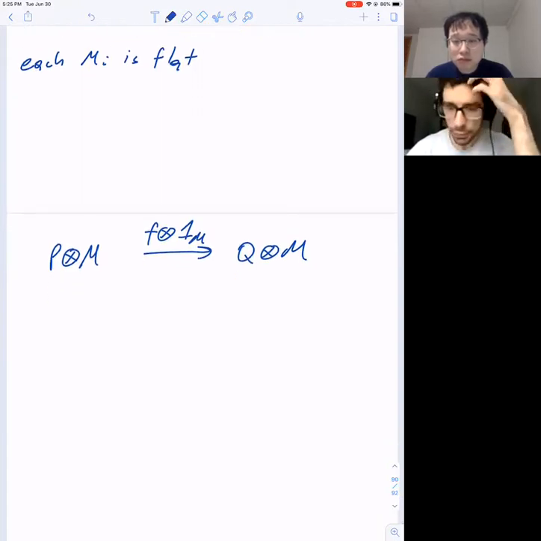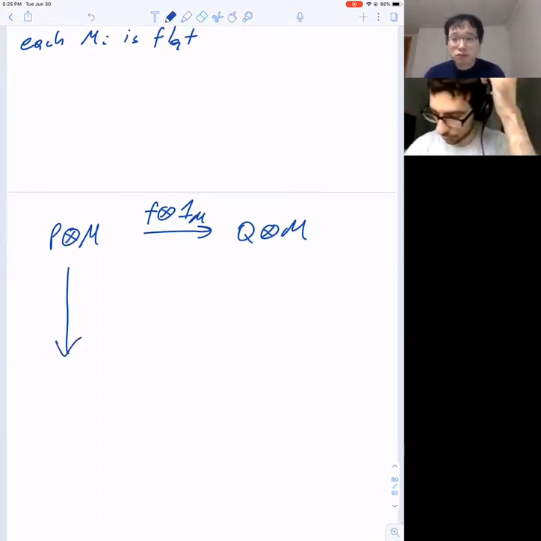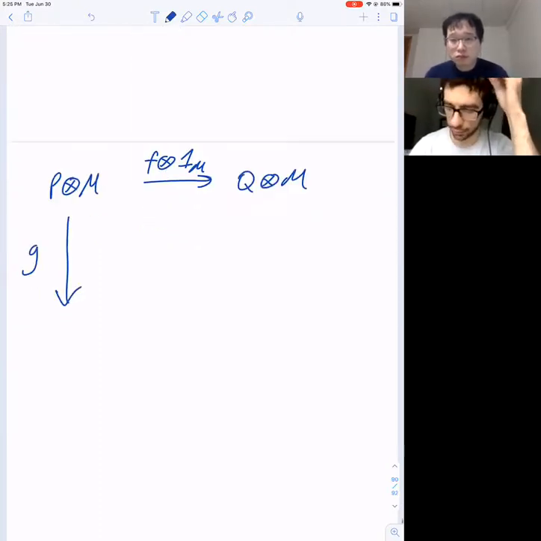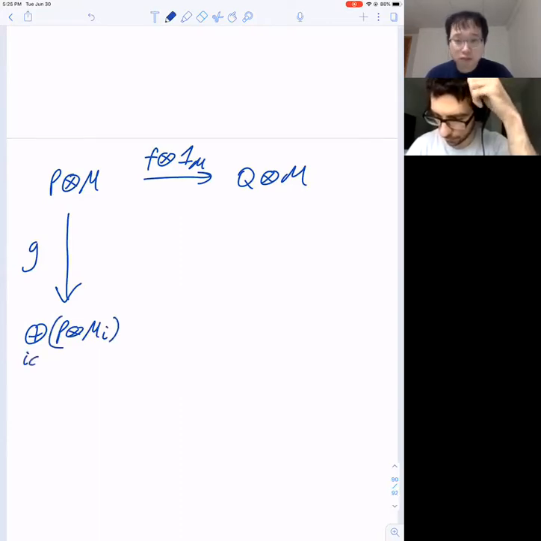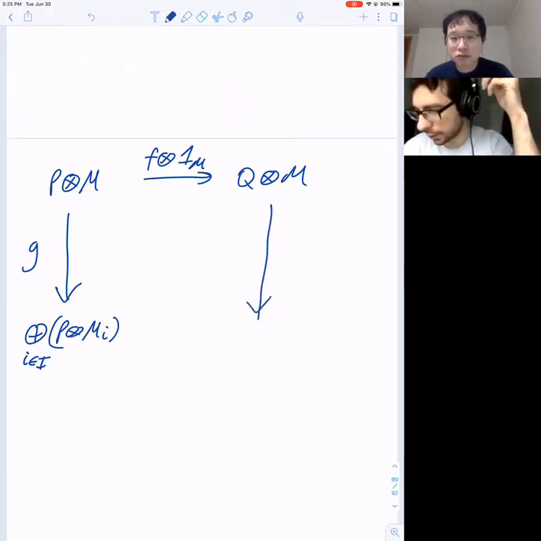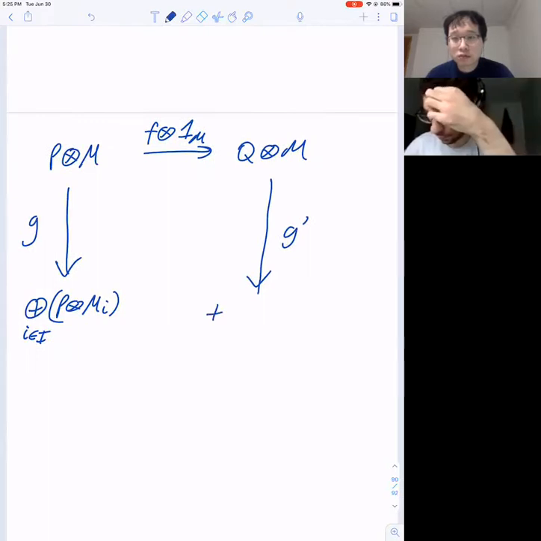Well, I do not know that answer. But there is that isomorphism G down to P tensor Mi, and there is that isomorphism G prime down to Q tensor Mi.